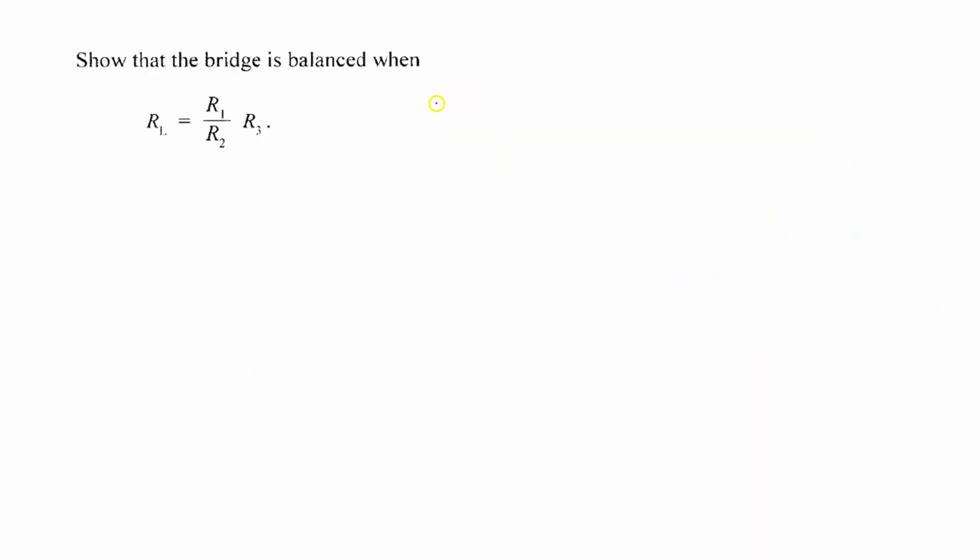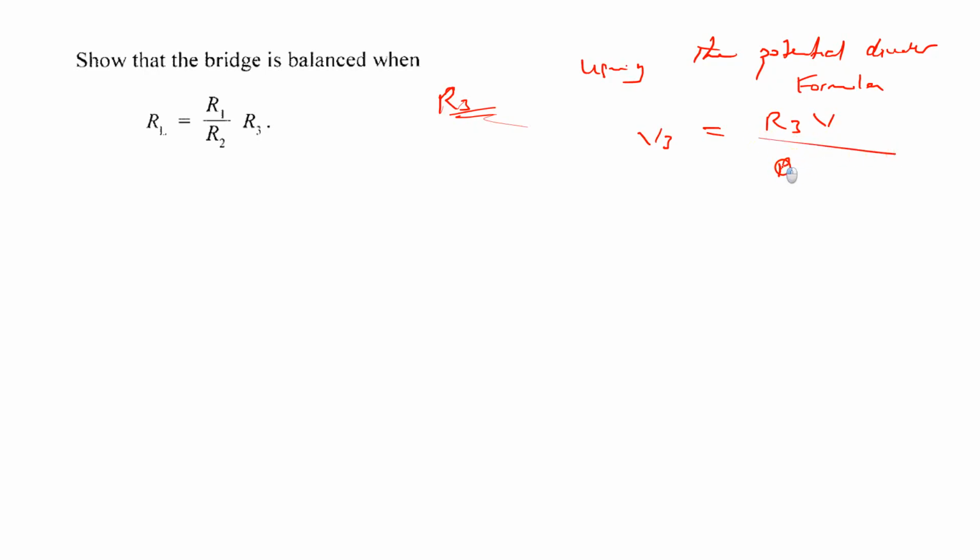We're going to find the voltage across R3. That's what we want to find. So if we want to find the voltage across R3 using the potential divider formula, it tells us that V3 is equal to R3 times our voltage that came from the power source, divided by the sum of the resistance.